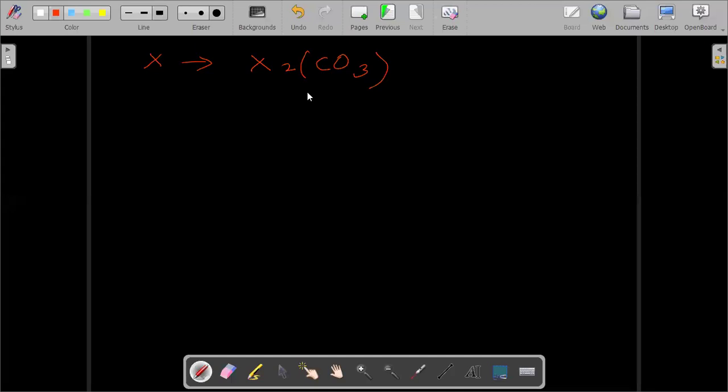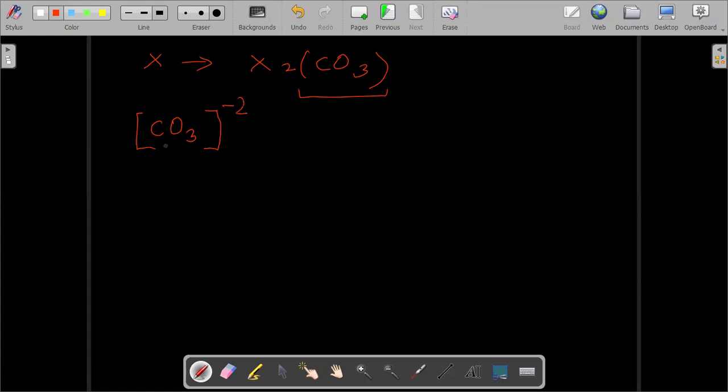Okay. So we know that this is the carbonate ion, CO3, and it has a valency of -2, right?